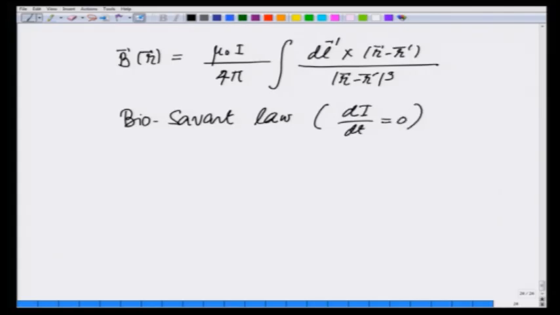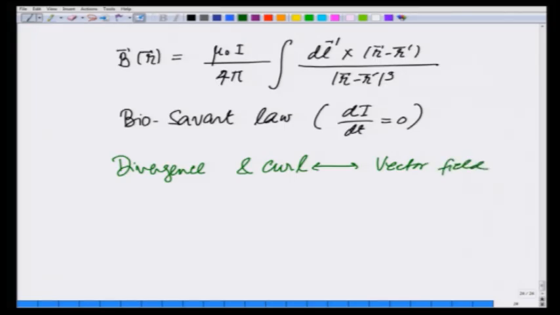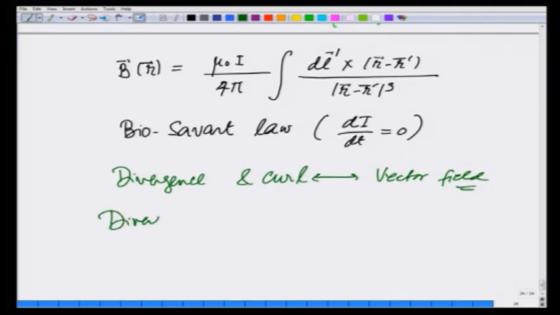Now, remember when we were discussing electric field, we said that any vector field can be calculated by its divergence and curl together, give a vector field. So, now if you want to work with magnetic field, it is important to know what the divergence of B is and what the curl of B is.